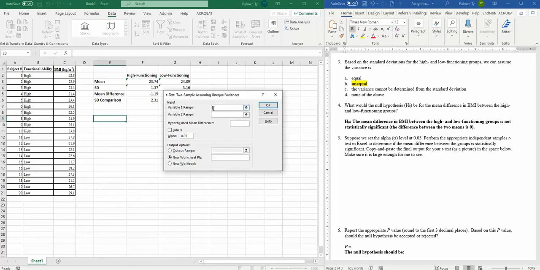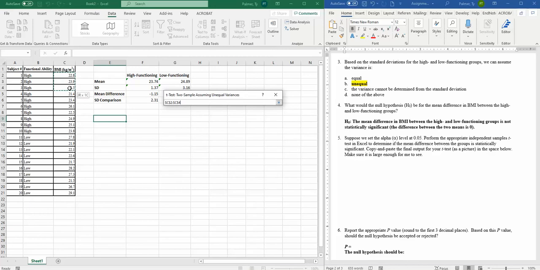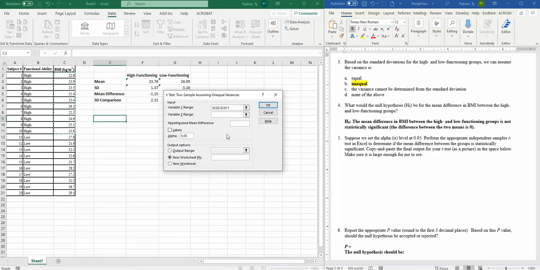Once my cursor is in here, I'm going to click out here, starting with the first BMI score for the higher functioning group, drag down all the way to the last score in the high functioning group, and then let go. Right here it already has the range of data points that includes all of the BMI scores for the high functioning group.